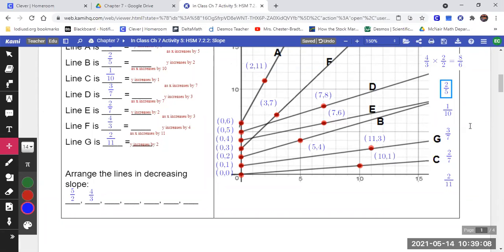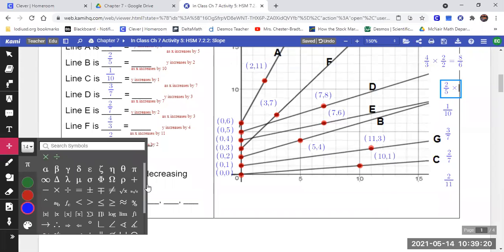5 makes 10, right? 5 times something makes 10. So we're multiplying 10 times 7 times 11. Okay. Go on the calculator. What is 10 times 7 times 11? Someone put it on the calculator for me. Make sure I'm doing the right number.